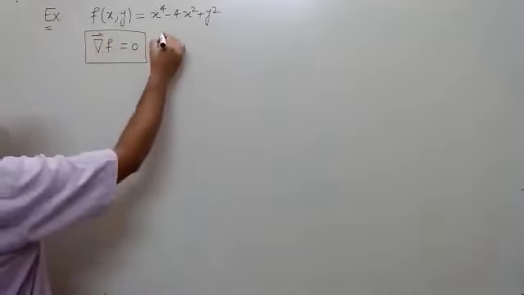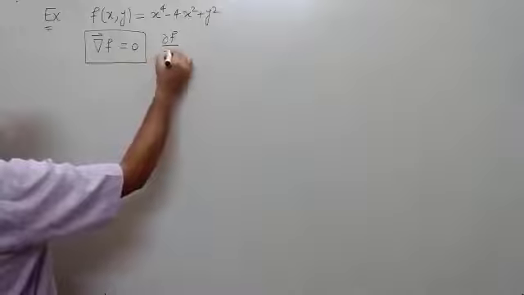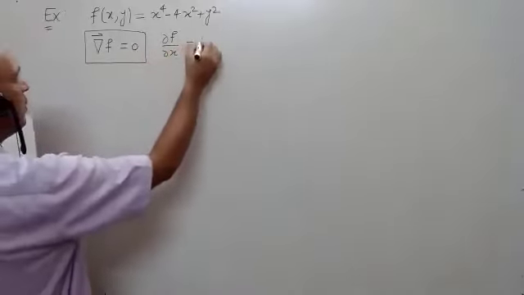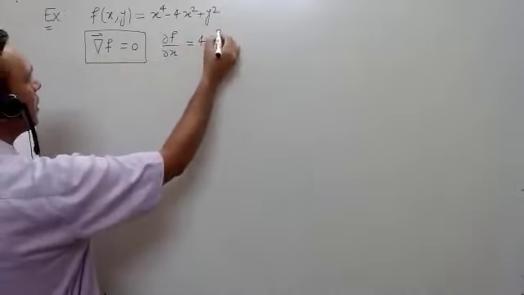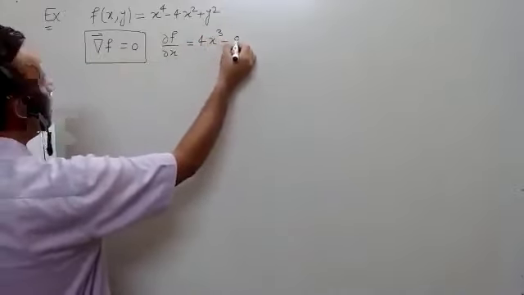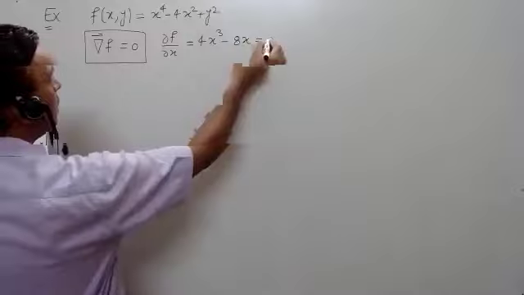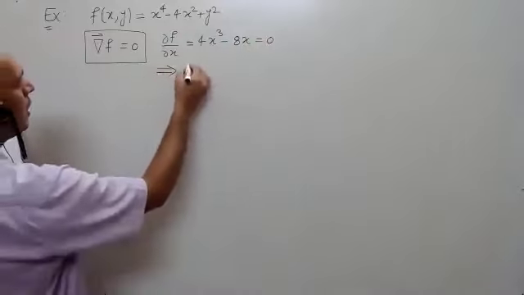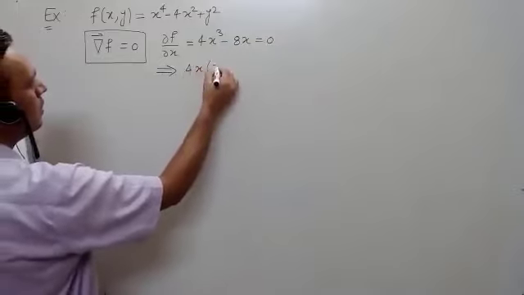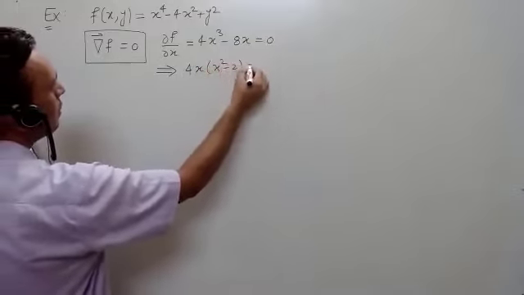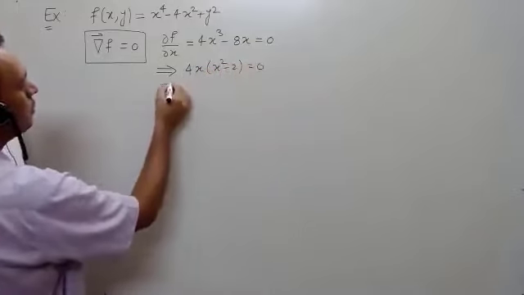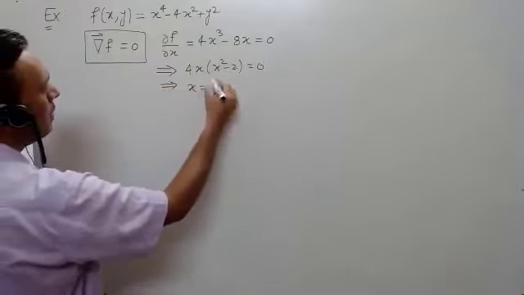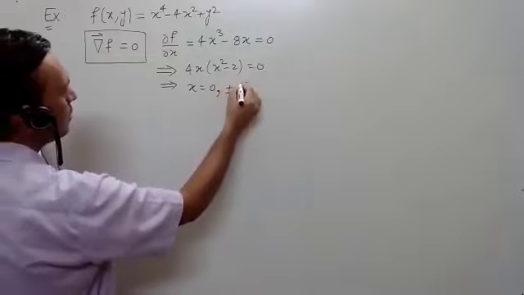Separately, del f by del x must be 0. So what will be del f by del x? This will be 4x cube minus 8x is 0. Take 4x common, x square minus 2 is 0. So this will give you x is 0 and the other will give you plus minus root 2.